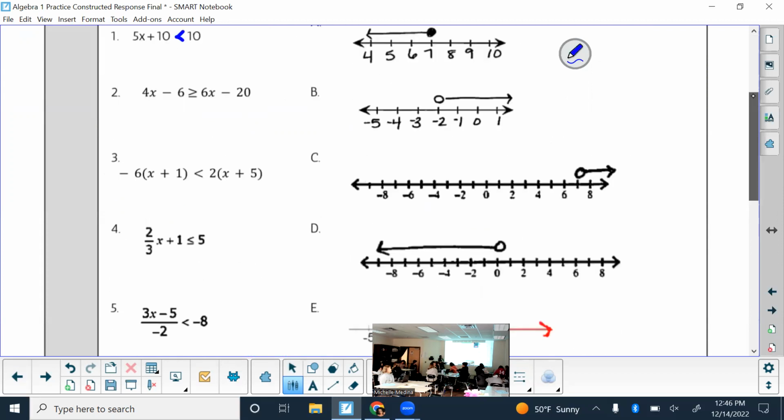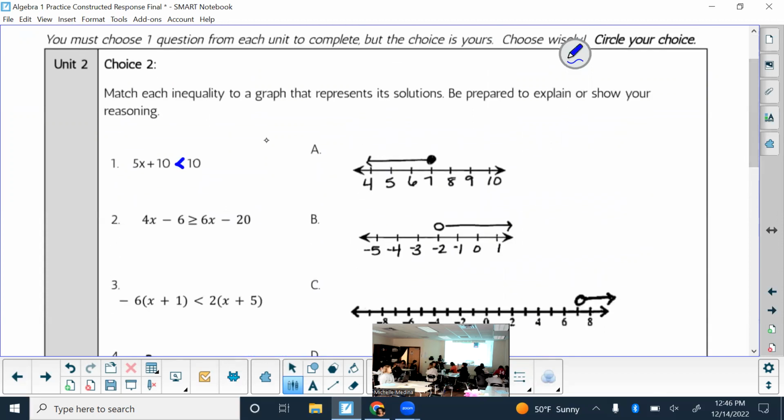So it says solve each inequality. When you're solving for a variable, what are you doing to that variable? Isolating it. So always start with what is. So would that be the 5 or the 10? And how do you get rid of the 10? You do what?